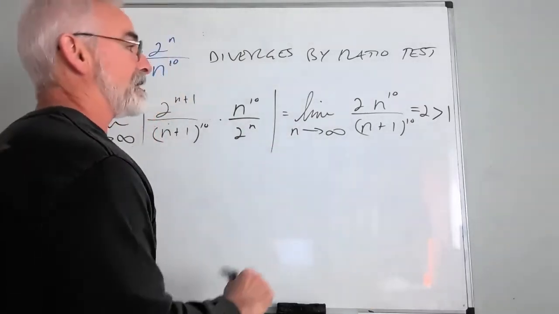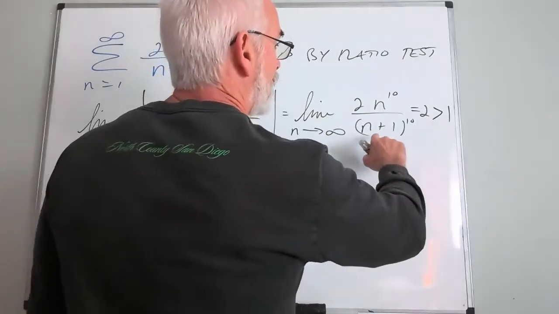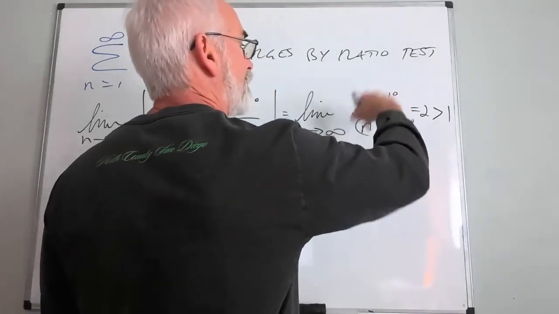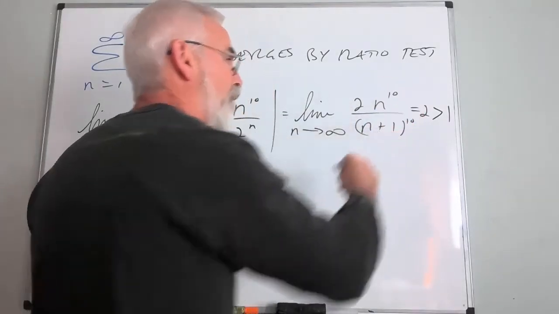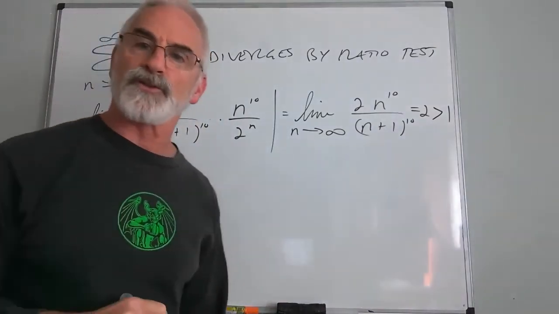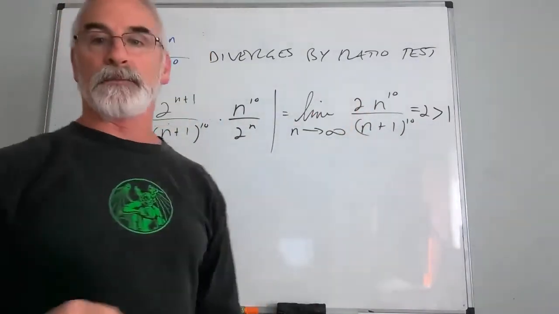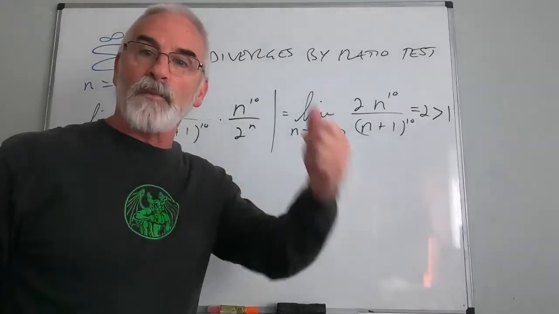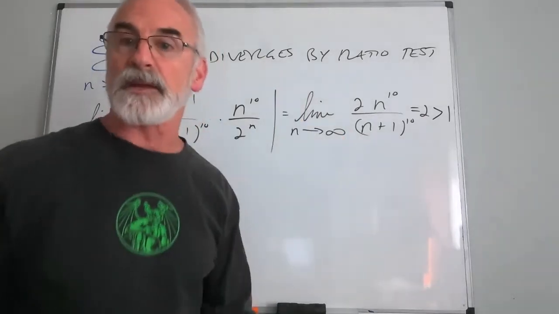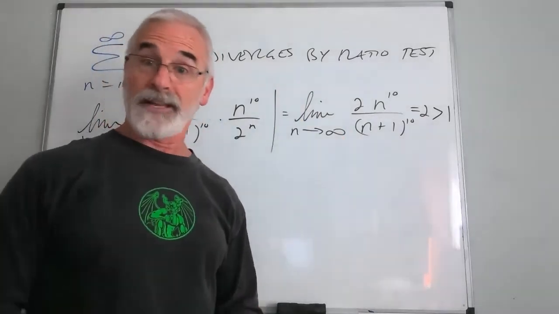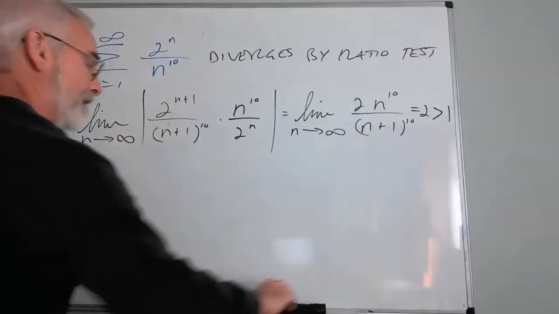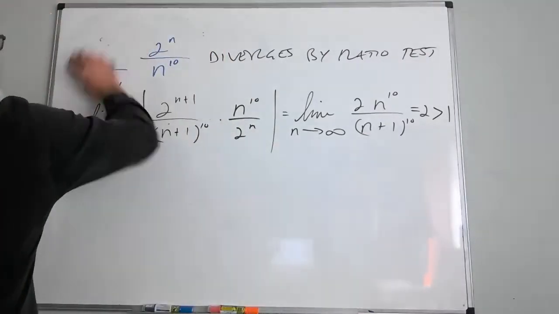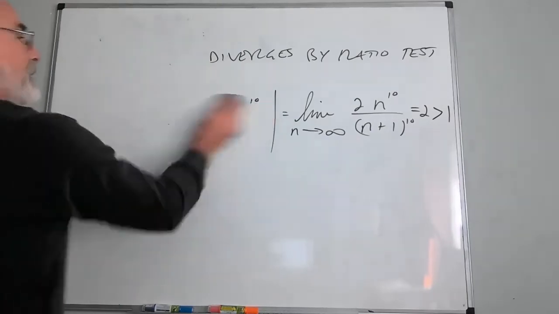In fact, how long did it take? Well, if I start putting large values of n in here, then n to the 10th over n plus 1 to the 10th is getting really, really, really close to 1. But then I'm multiplying it by 2. So after a little while, my numerators are looking twice as big as my denominators. Again, you don't see that right away, but that's what's happening. All right, so that one just seemed absolutely crazy.